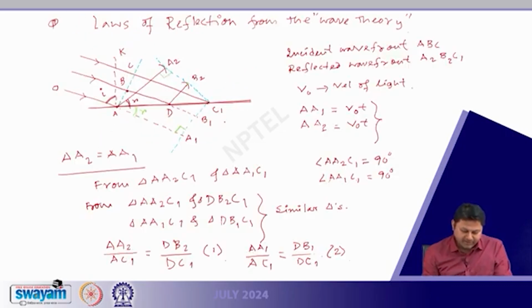So, if I go back and check it, that this is 90 degree, this angle is R, and if this is R, then let me draw it, then this angle must be R.